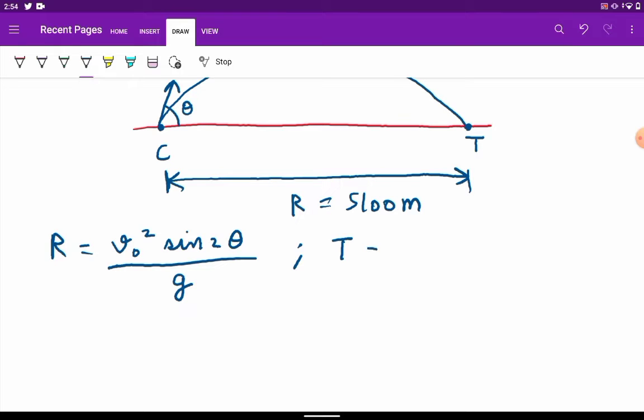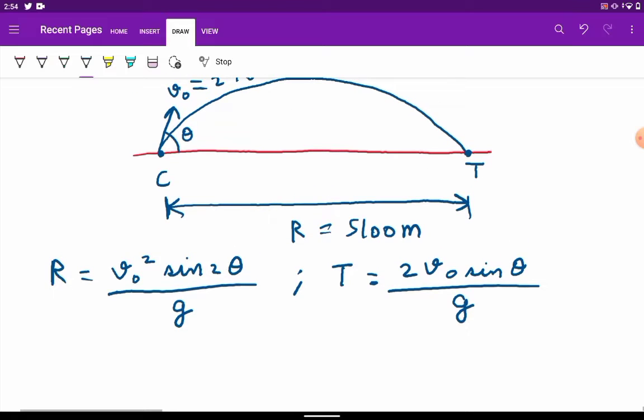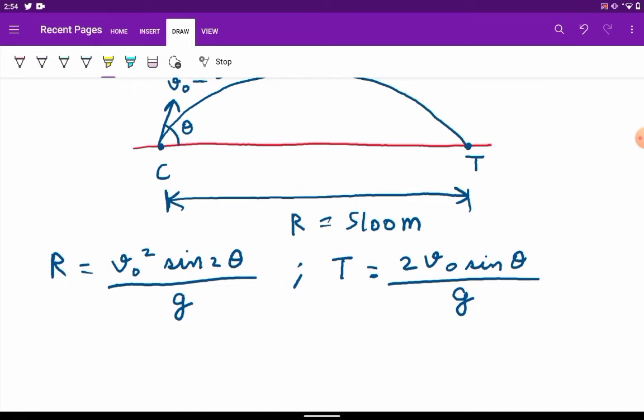In the same earlier problem, you can also see the time of motion is 2 times v naught sine theta by g. So v naught is given to us, and R is given to us, and g is something that we already know.